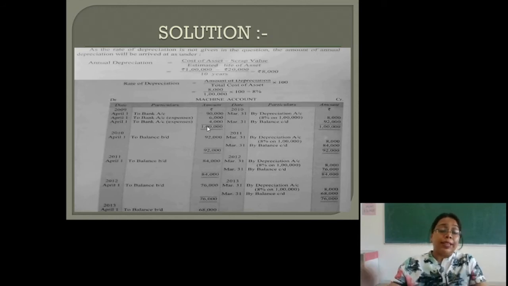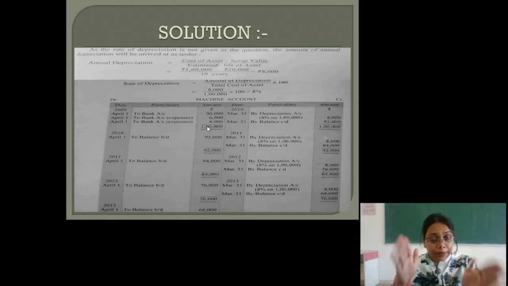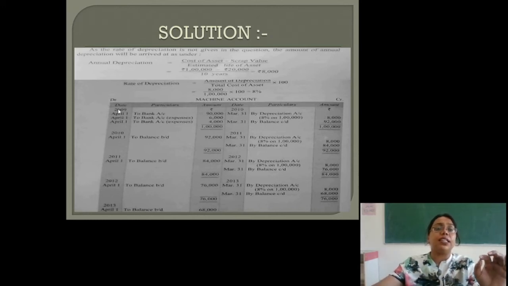Now depreciation is charged on 31st March of next year. For example, if we have started on April 1st, 2009, after 12 months depreciation will be charged, so depreciation will be charged on 2010 March 31st. Twelve months depreciation is charged here.